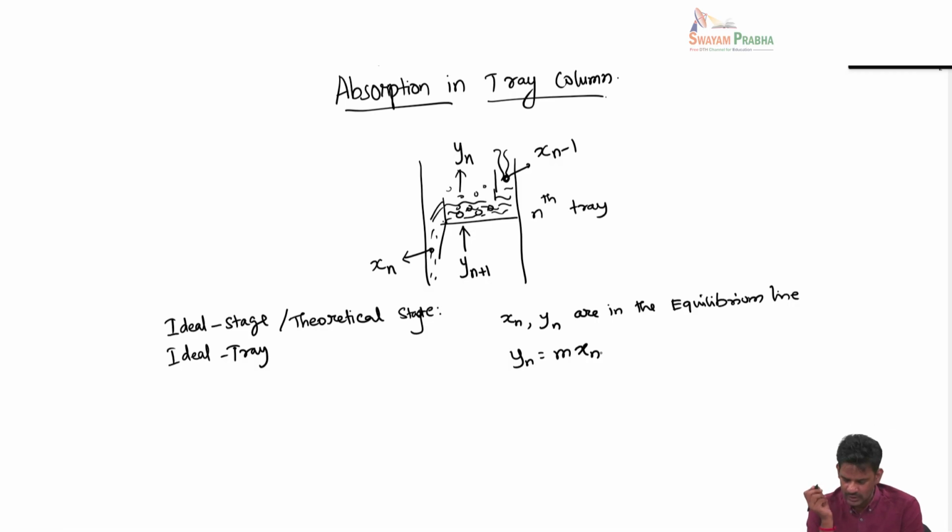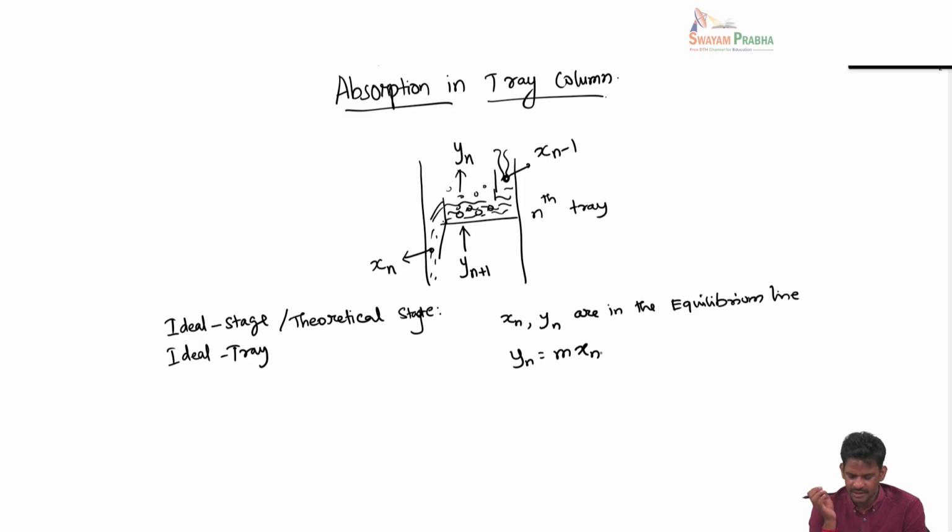This is what we call an ideal stage. If I make this assumption, then I can calculate the number of ideal stages required for a particular operation through a staircase construction or through analytical means. Those were the topics of discussion in the last class.